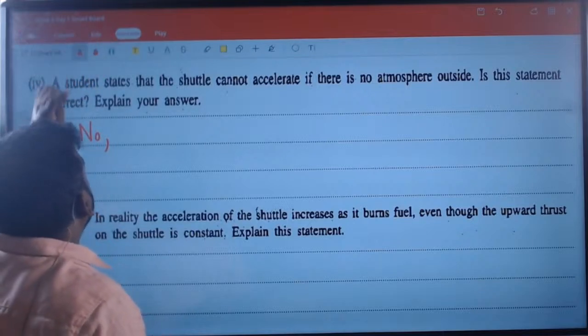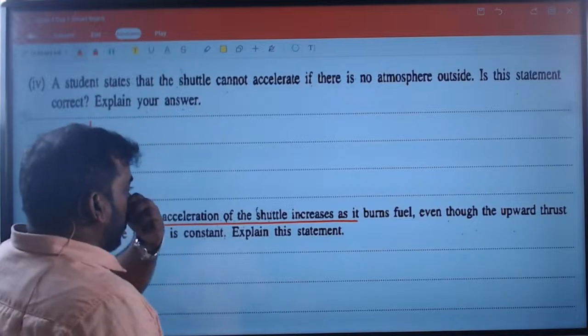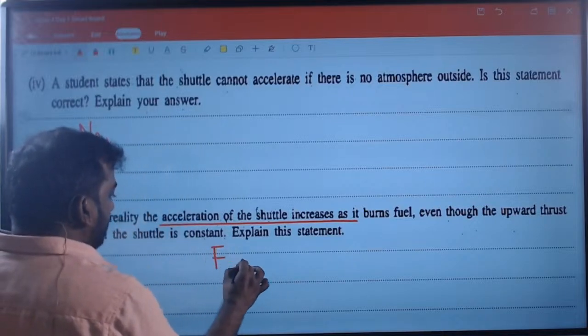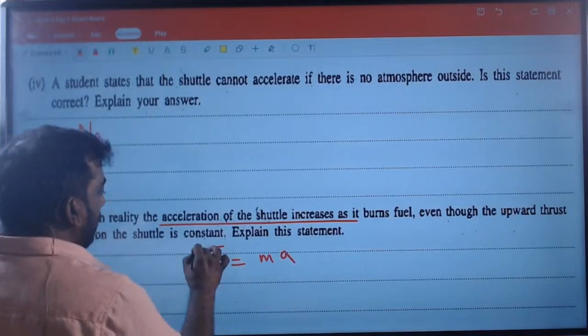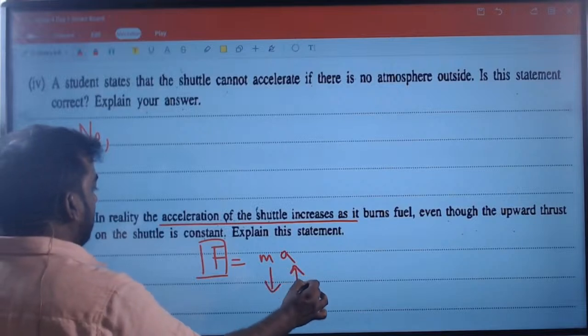Right. In reality, acceleration increases as it burns fuel, even though the upward thrust is constant. Upward thrust is constant, mass reduces, acceleration will increase.